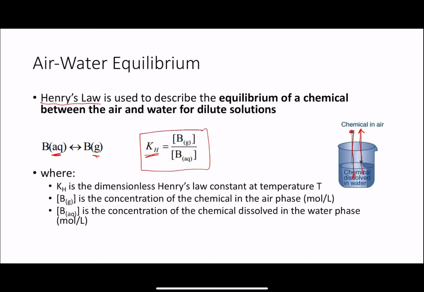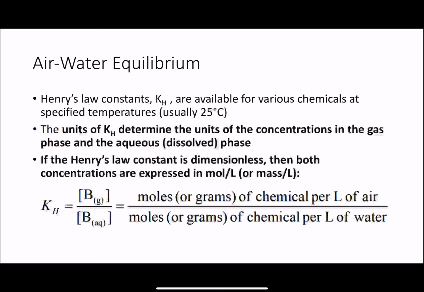So KH is equal to the chemical in the gas phase divided by the chemical in the aqueous phase. Okay? So these are the units for each one of them and the definition for each parameter. So KH air-water is in mole of chemical per liter of air divided by mole of chemical per liter of water.